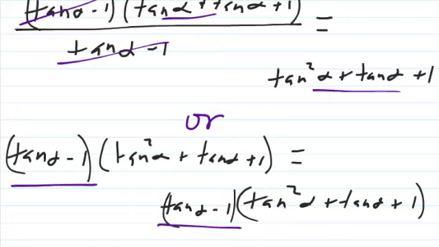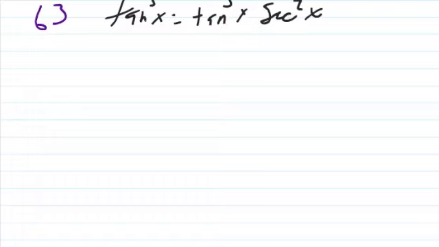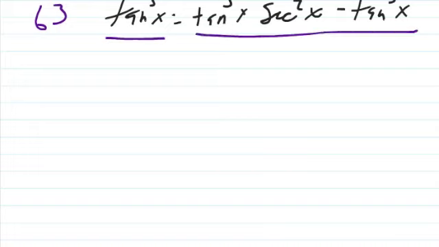The next checkpoint that we want to look at is number 63, and it's tangent to the fifth x is equal to tangent cubed x secant squared x minus tangent cubed x. Now, this seems kind of funny because we're taking something that is simple and making it a lot more complex.